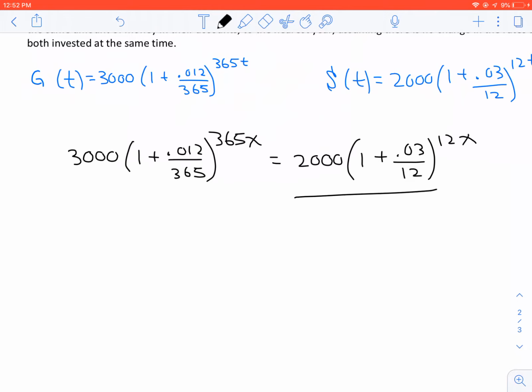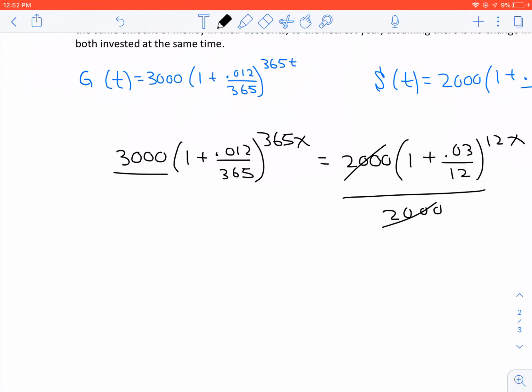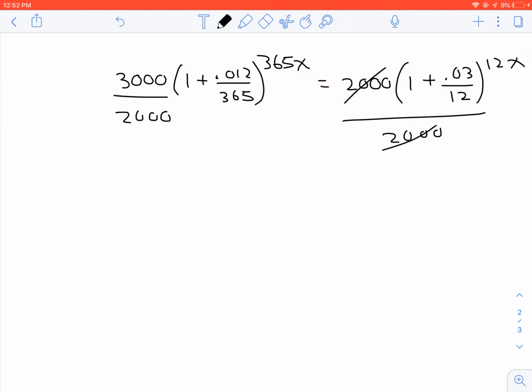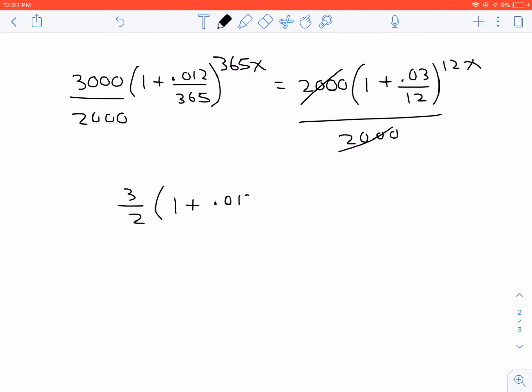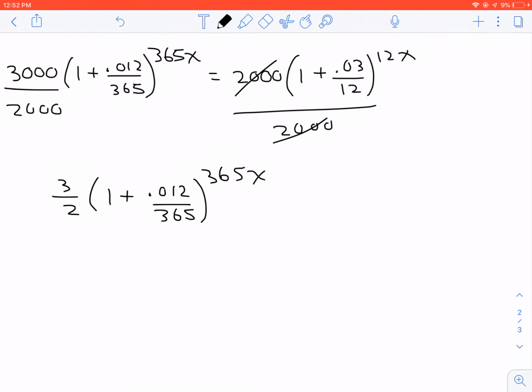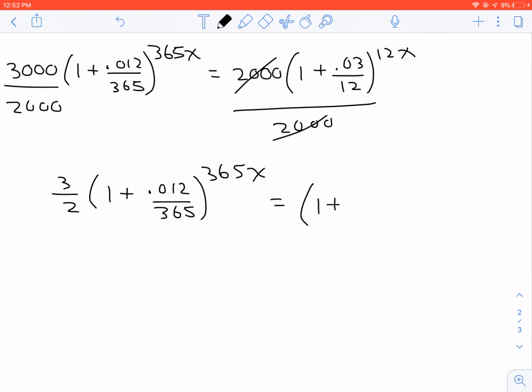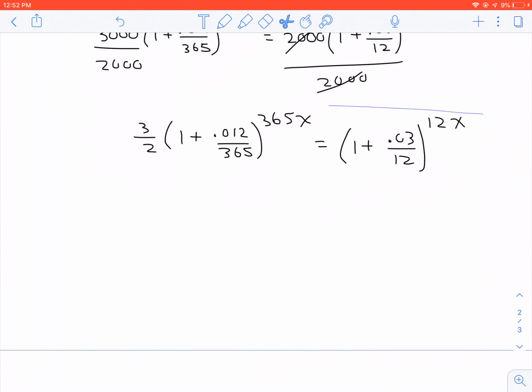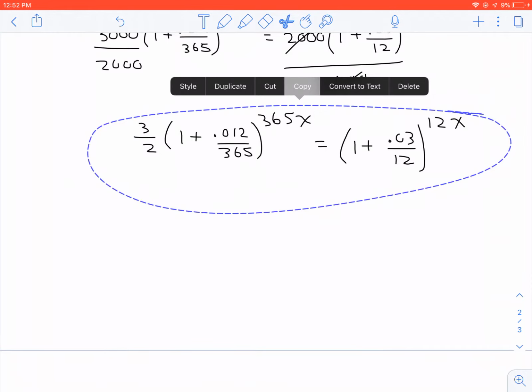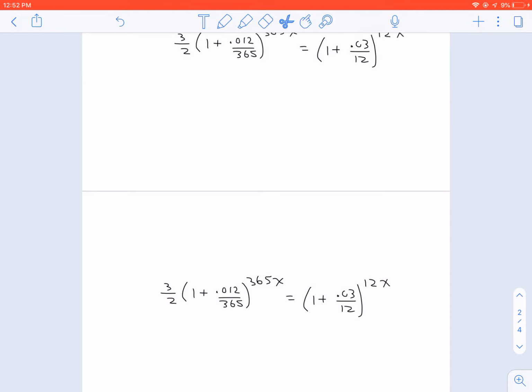So I get 3 over 2 times (1 plus 0.012 over 365) to the 365x equals (1 plus 0.03 divided by 12) to the 12x. I'm going to copy and paste this because I'll show you a second method of solving once we get to this point in a bit.